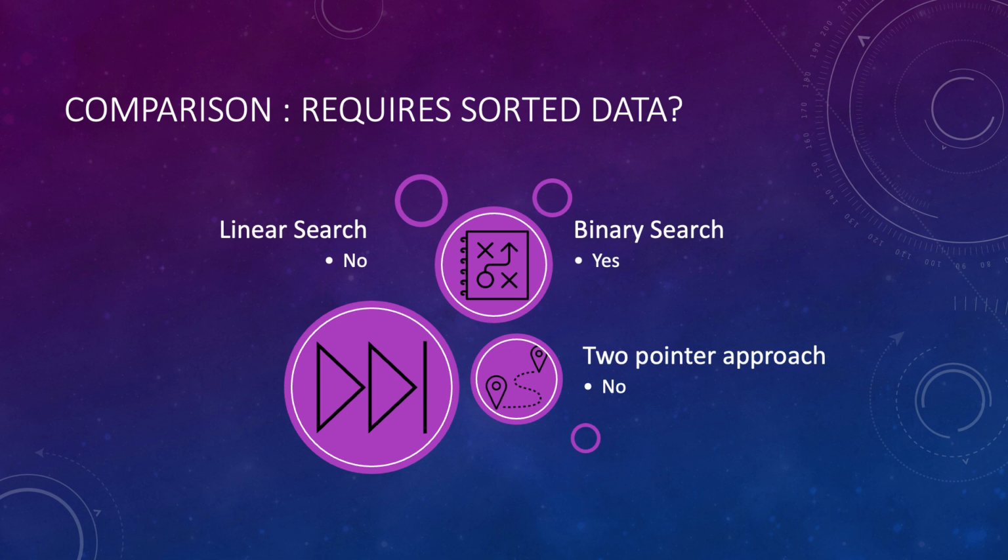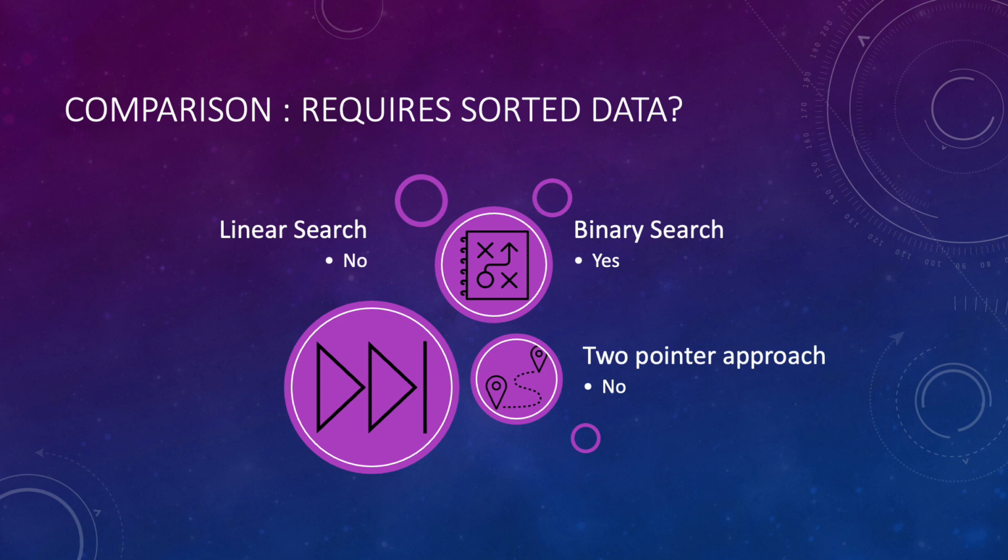It is a combination of linear search while also having the capability of making decisions on whether to go left or right, which way we should increment or decrement. So it's a combination of linear search and binary search.